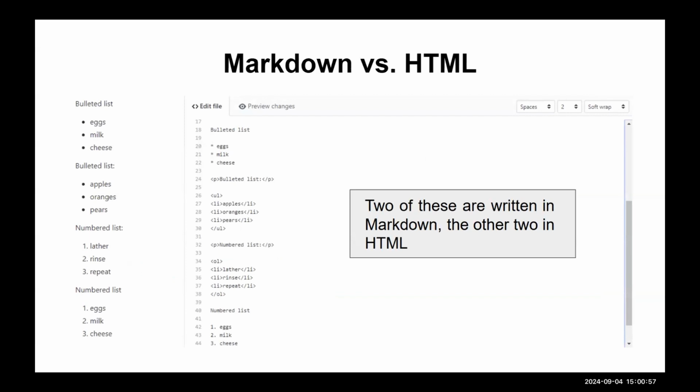You have to remember all of that. Of course, if you know HTML well, it's trivial, but if you have a very low technical skill level, or you're not familiar with HTML, and a lot of people aren't, then Markdown works better because you just write star eggs, star milk, star cheese, and it renders seamlessly to HTML.